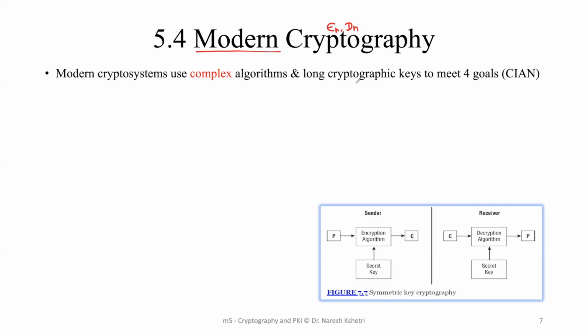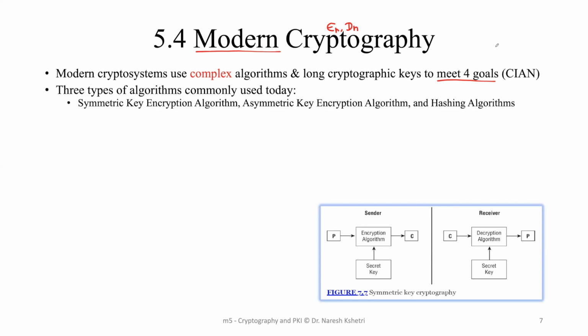The four goals of cryptography, as we already know, are CIAN, what we call confidentiality, integrity, authentication, and non-repudiation. So normally the three types of algorithms that are commonly used today in modern cryptography, as you have already seen, are symmetric, asymmetric, and hashing algorithms.